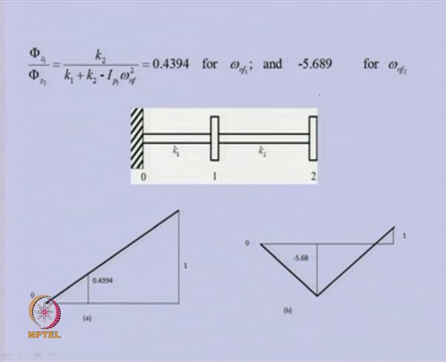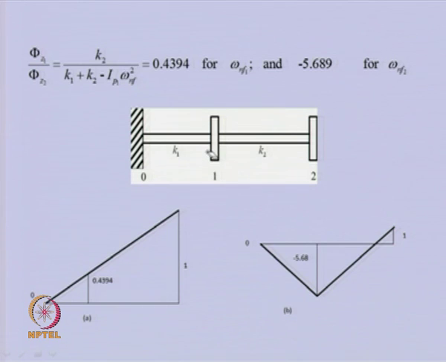Similarly, these two disks will have anti-phase motion for the second mode. In the first mode, both disks have the same phase motion, and in this case they will have anti-phase motion.